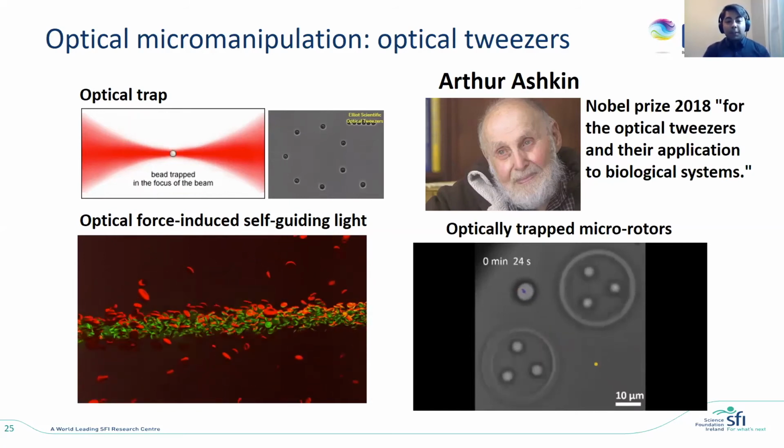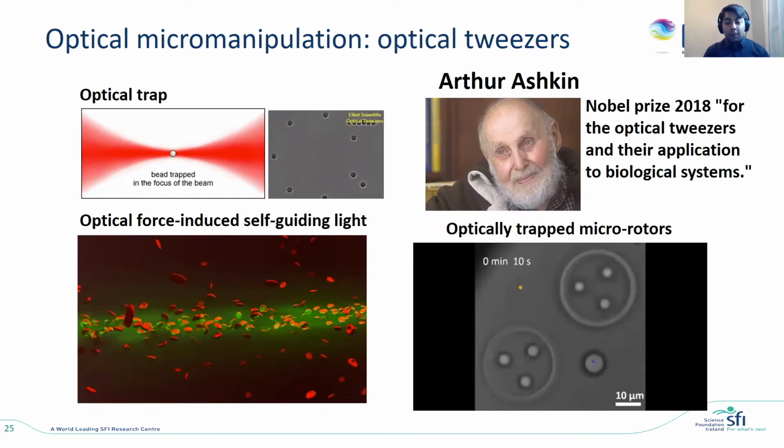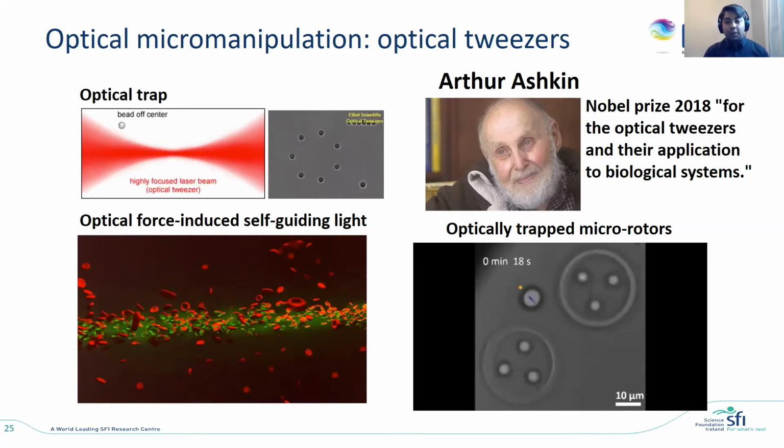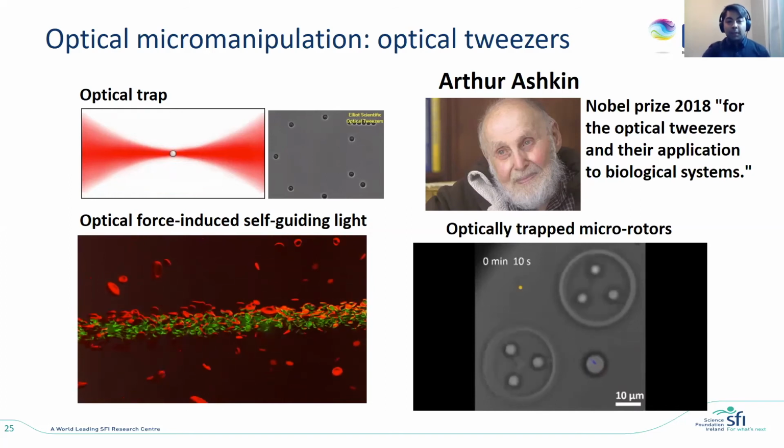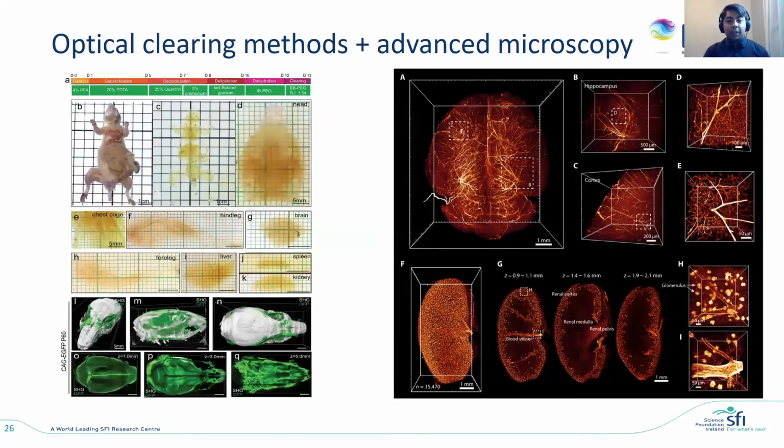Now, if we switch a bit from the microscopic world, and we go to a more macroscopic scale of tissues, then we have optical clearing methods. In this case, we are decreasing the light scattering that happens in tissue and making it more transparent. So with this technology, it's possible to image an entire organ, for example, an entire skull of a mouse or an entire brain, and you can see even cellular structures.